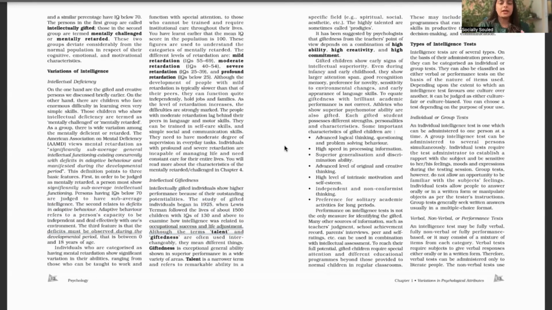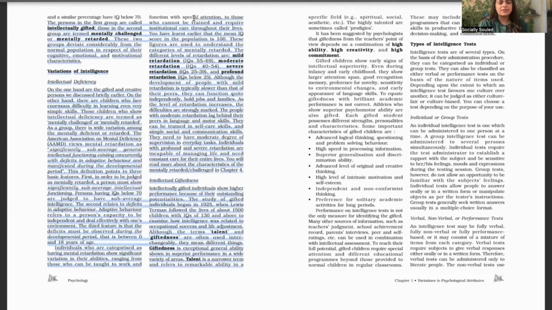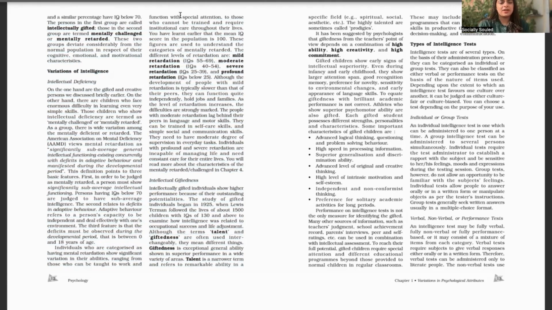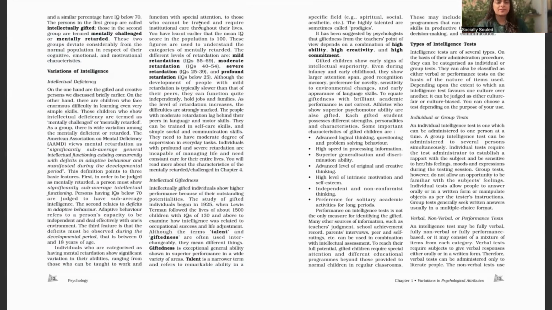All right, I think we have talked about these three criteria that have to be judged. Individuals who are categorized as having mental retardation show significant variations in these abilities, ranging from those who can be taught to work and function with special attention, to those who cannot be trained and require institutional care throughout their lives.